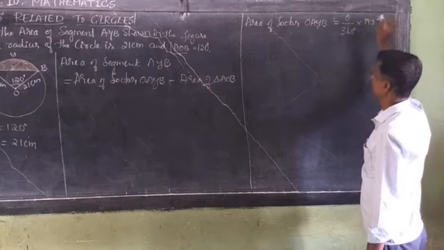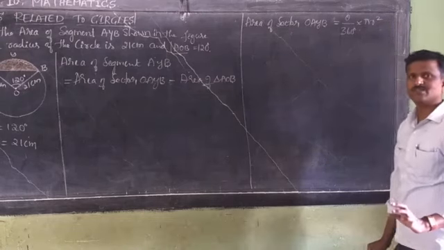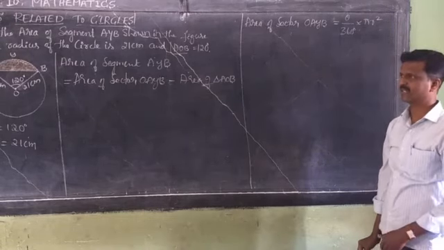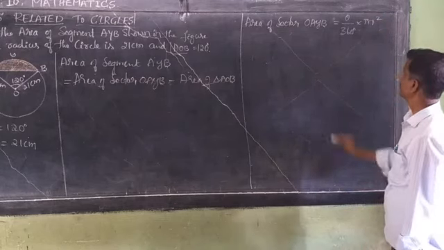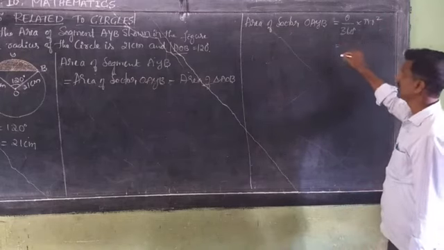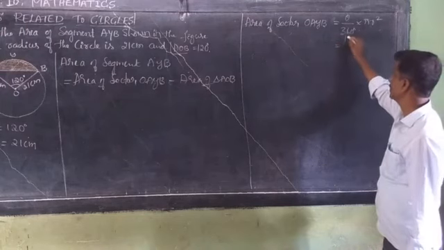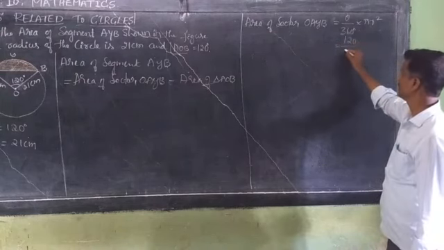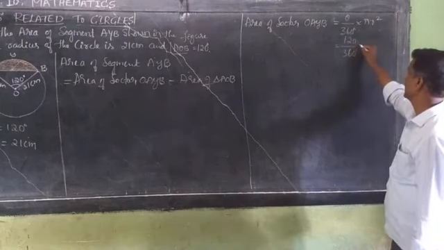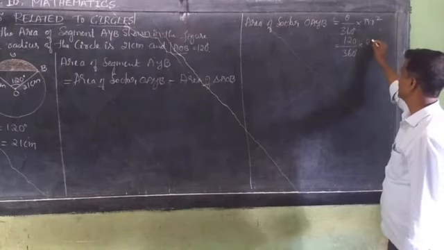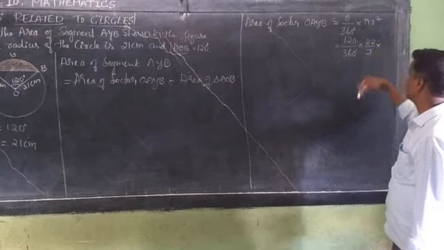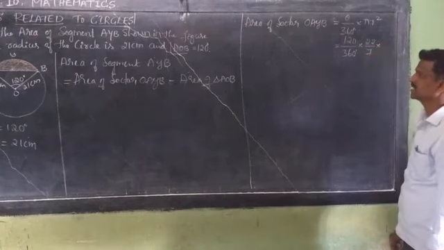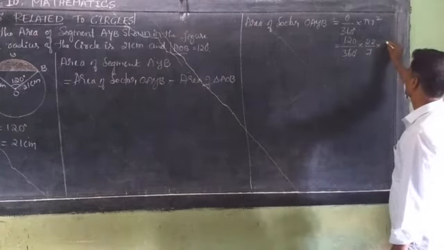This is the formula to find the area of the sector. So area of sector OAYB is equal to theta. What is theta? Theta is 120 degree. 120 divided by 360 into 22 by 7 into r square. What is our radius? Radius is given as 21.